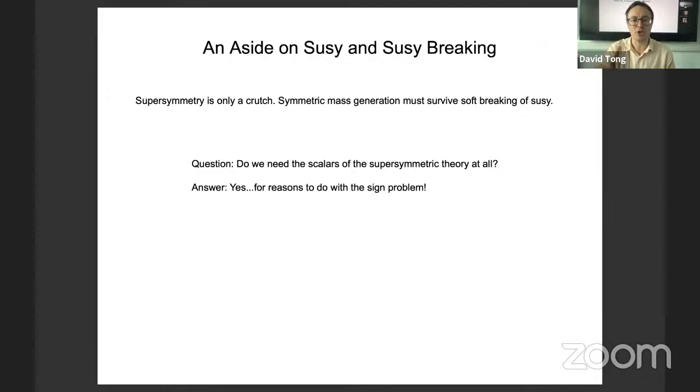And I think the answer is no. And I think the answer is no for interesting reasons to do with the sign problem that come and bite us later. So I'm just going to take a little bit of a diversion and tell you this story about what happens if you throw away the scalars. And as we'll see when we get back to the lattice, this is going to be, I think, quite interesting.